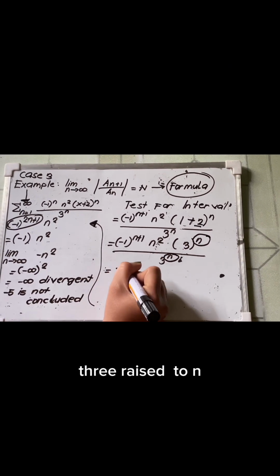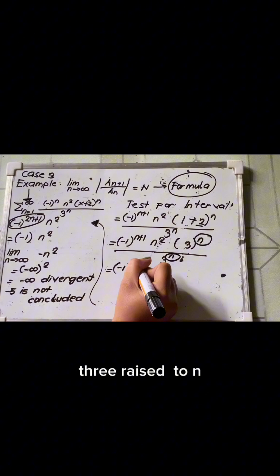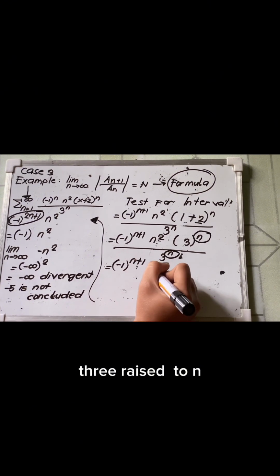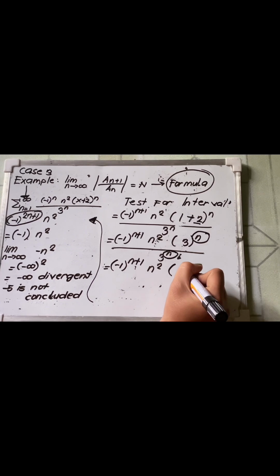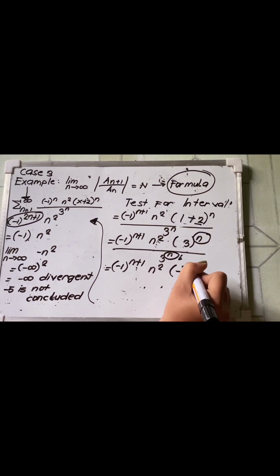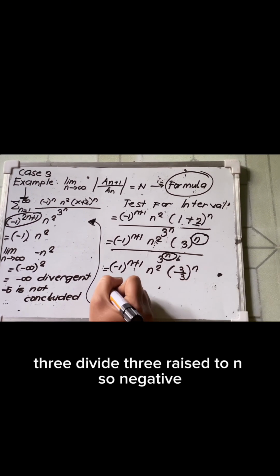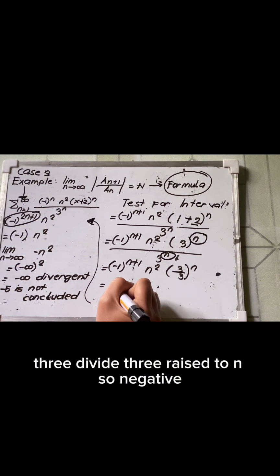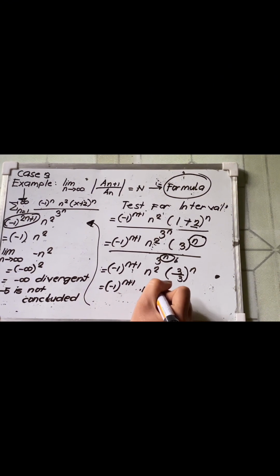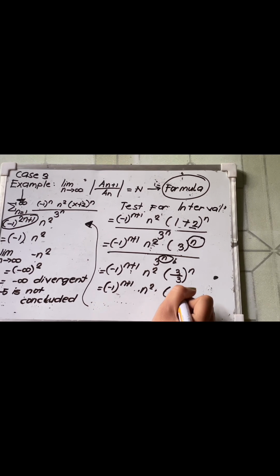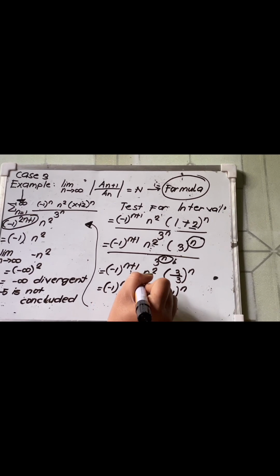So we notice that we can also combine 3^n over 3^n. So (-1)^(n+1) n squared, then 3 divided by 3 to the n. So 3 divided by 3 is 1 raised to n.